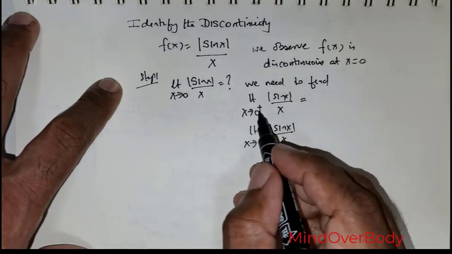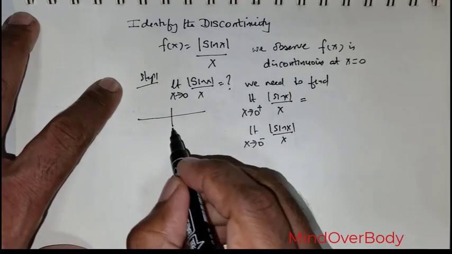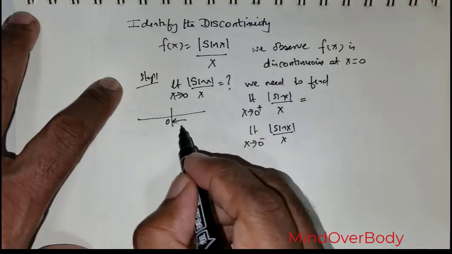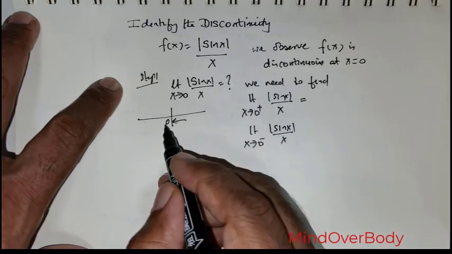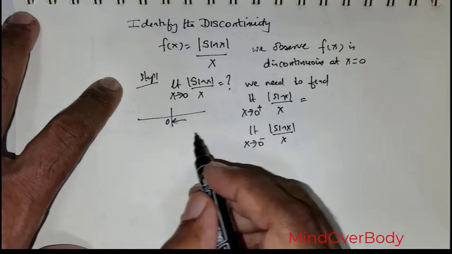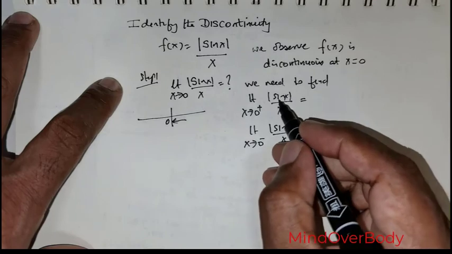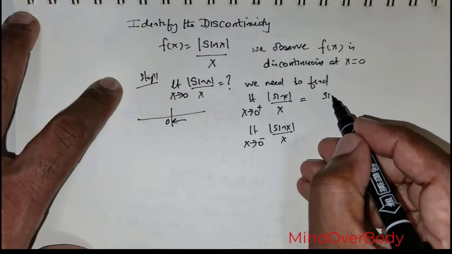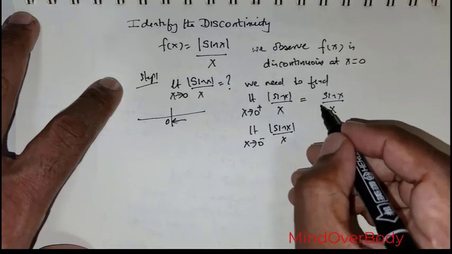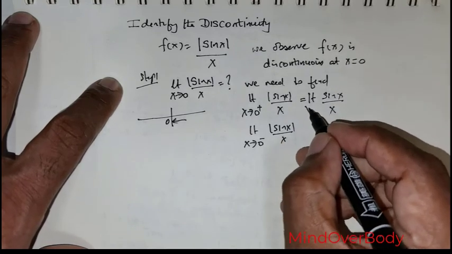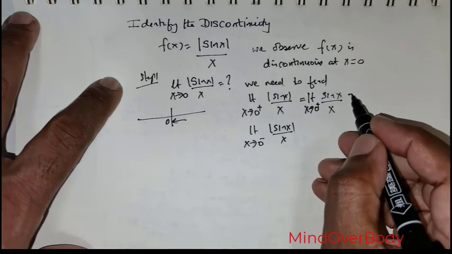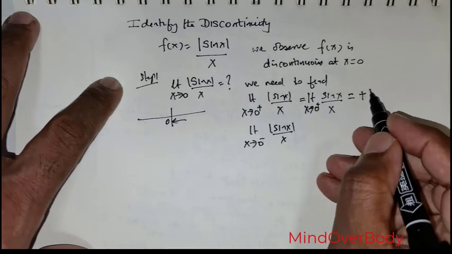Now you have this 0 here. The approach is from the right side. So when the approach is from the right hand side, clearly modulus of sin x would give me sin x, and of course I have x here, and this is limit x tending to 0 plus. Now this is a famous result. This is going to give me positive 1.